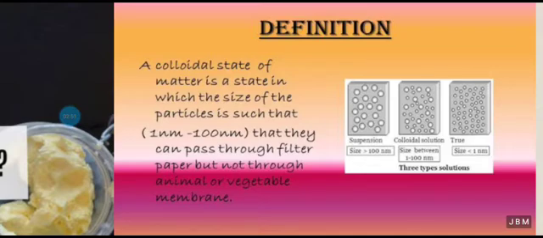For true solution, the size is less than 1 nanometer, that is 10 to the power minus 9 meter. For suspension, the size is greater than 100 nanometer. But for colloids, the size is between 1 to 100 nanometer. This means it lies intermediate between a suspension and a true solution.